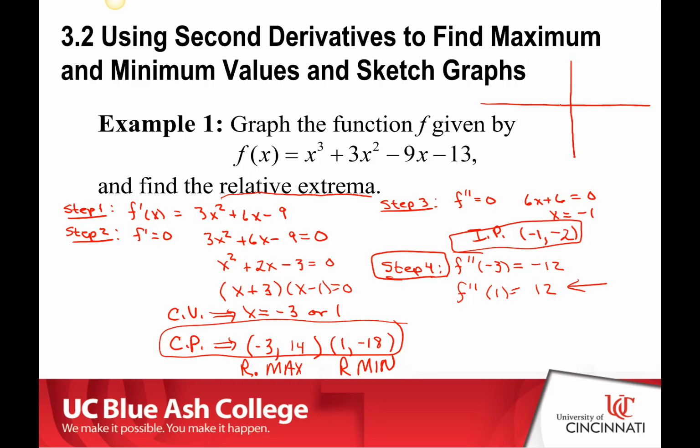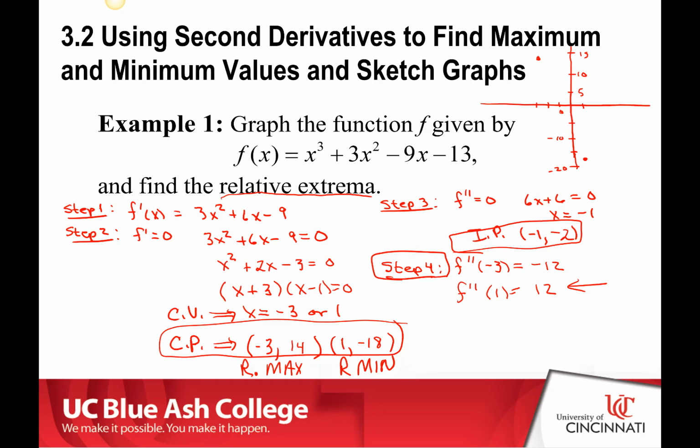At the point -3, 1, 2, 3, we're going to be up 14. I'll just put it up here somewhere. And there would be 15, 10, 5. Over at 1, we're going to be down 18, so there's 5, 10, 15, 20. So we're going to be down about there. And we have an inflection point at -1, -2, so right about there.